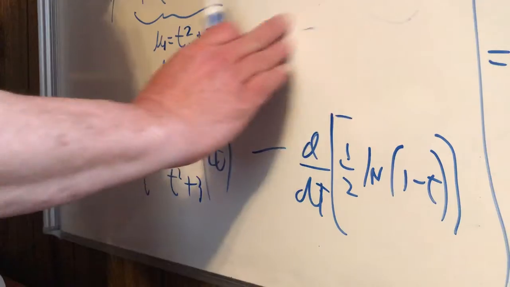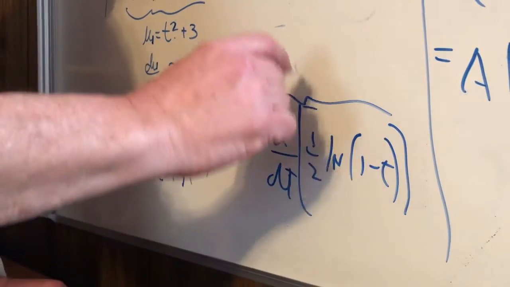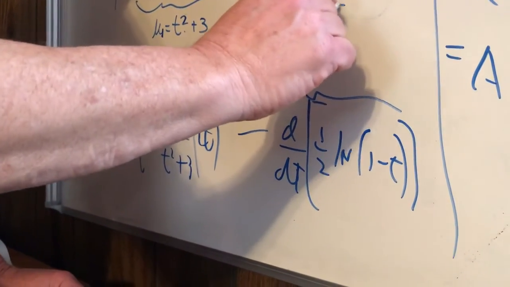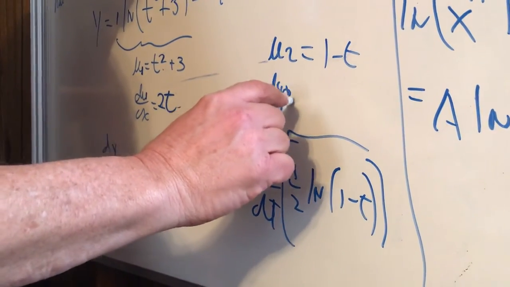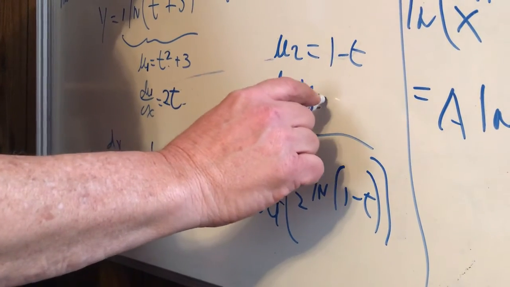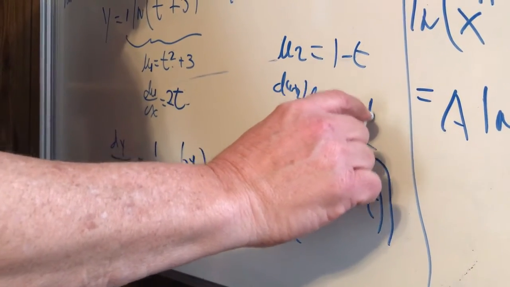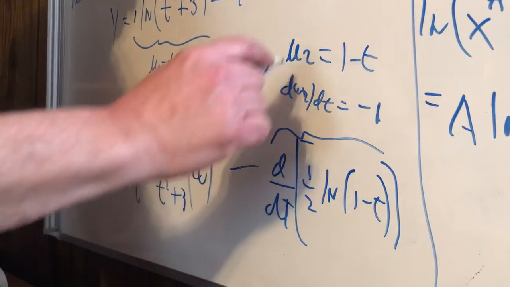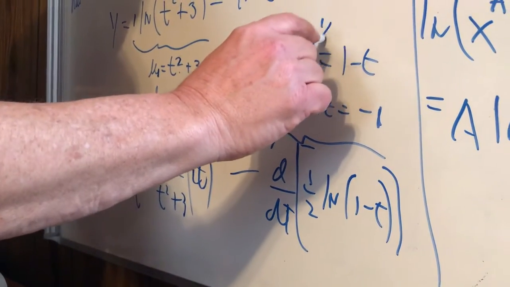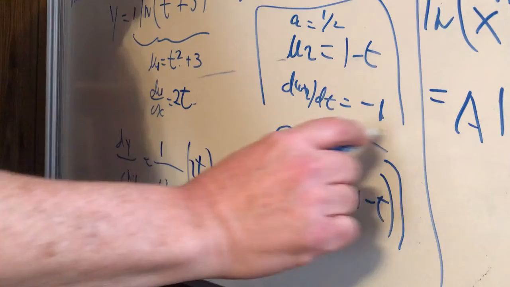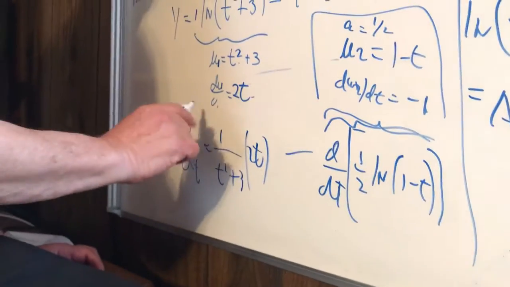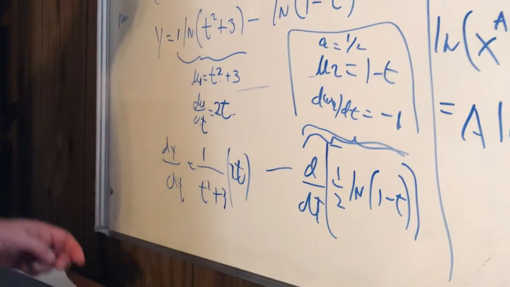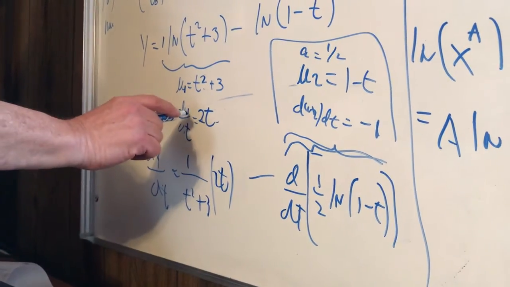We can set a u, let's call it u2, equals 1 minus t, and du2 over dt is going to be minus 1. And of course now a is 1/2. This is du dt, right. Okay.